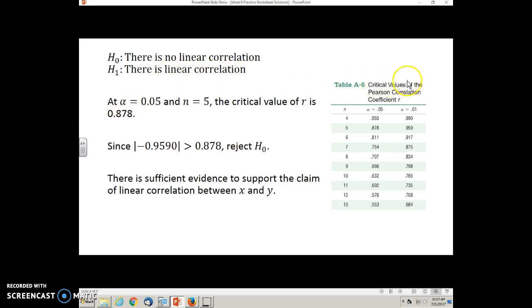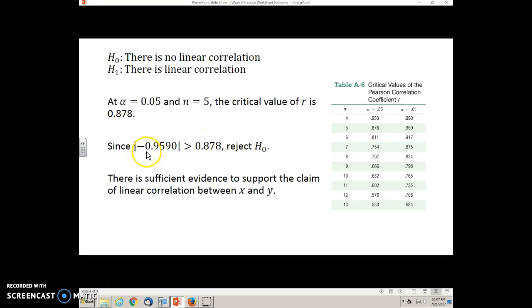We use the critical values of the Pearson correlation coefficient R table, and we find that when n equals 5, at the 0.05 level of significance, our critical value is 0.878. If the absolute value of R is greater than the critical value, reject the null hypothesis. If the absolute value of R is less than the critical value, do not reject the null hypothesis.